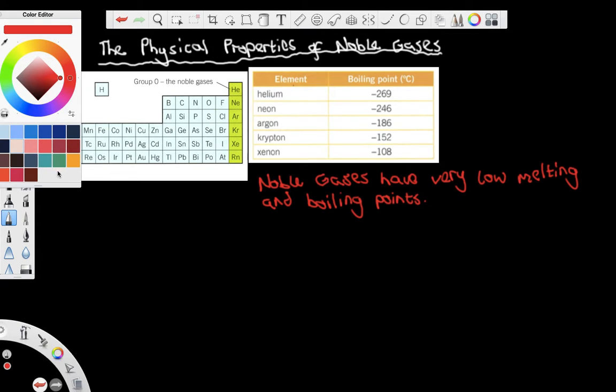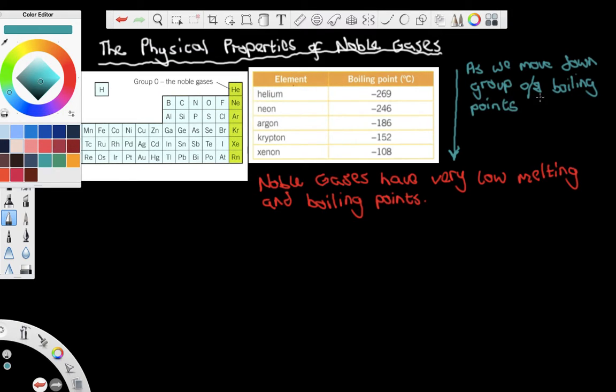We said, and I'm going to write here up at the top, that as we move down group 0, their boiling points increase. So we can put an arrow and say, as we move down group 0, or 8, depending how you look at it, boiling points increase.